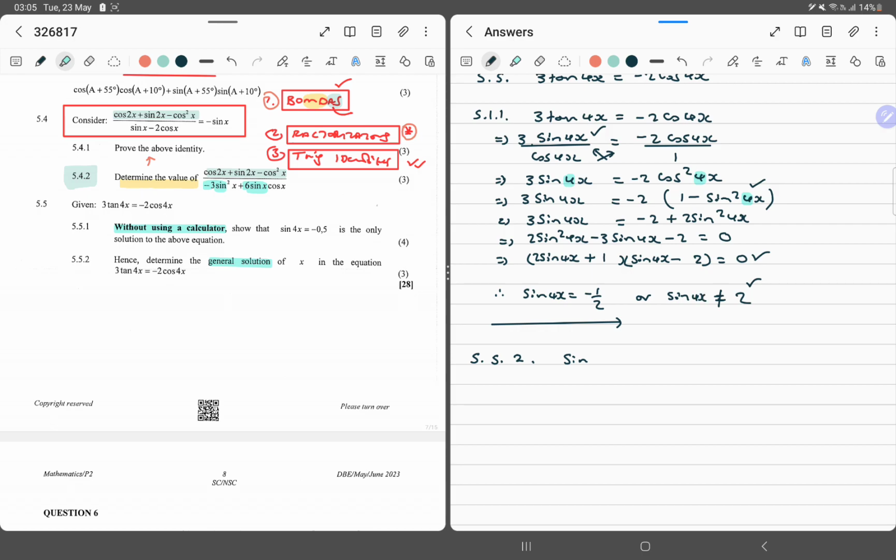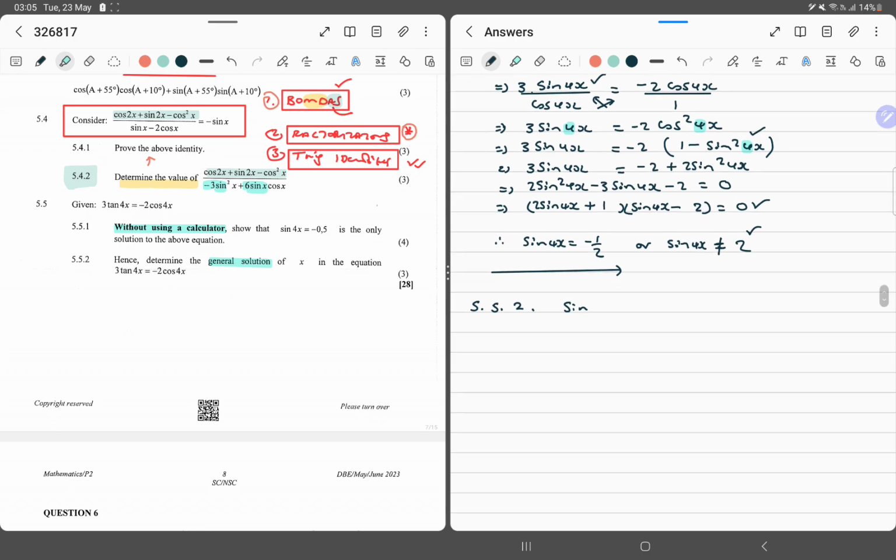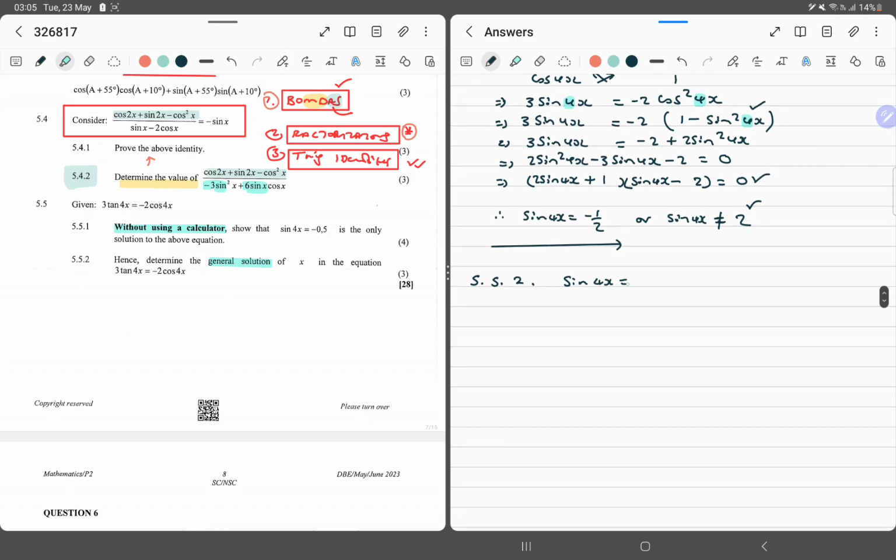So sine of an angle cannot be greater than 1. So that one is the only correct one. Yes. And then now we know that sine of 4x is minus a half. Okay, great. This implies that 4x is basically arc sine of minus a half, plus k times 360 degrees, which is the period of sine, right?